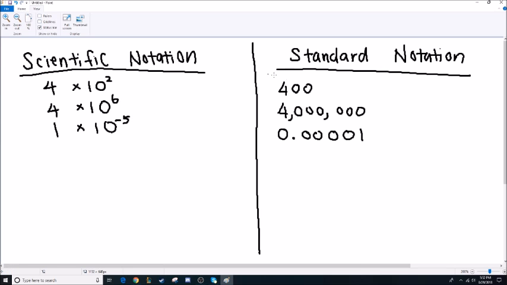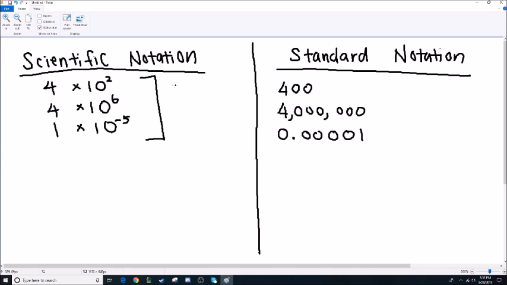These numbers that I wrote on both sides are actually equivalent, which means they are the same. So 4 times 10 to the second power is the same thing as 400, and 4 times 10 to the sixth power is the same thing as 4 million. 1 times 10 to the negative fifth power is the same thing as 0.00001.